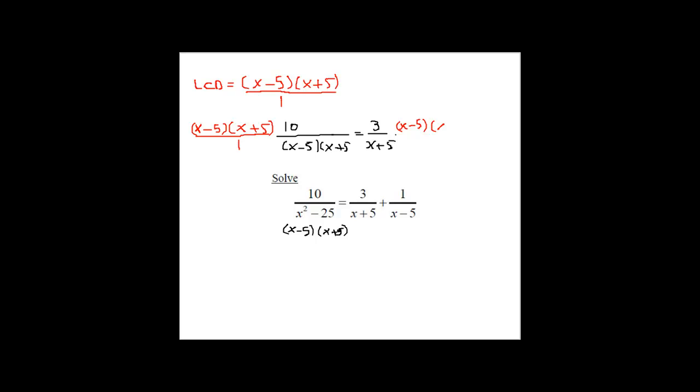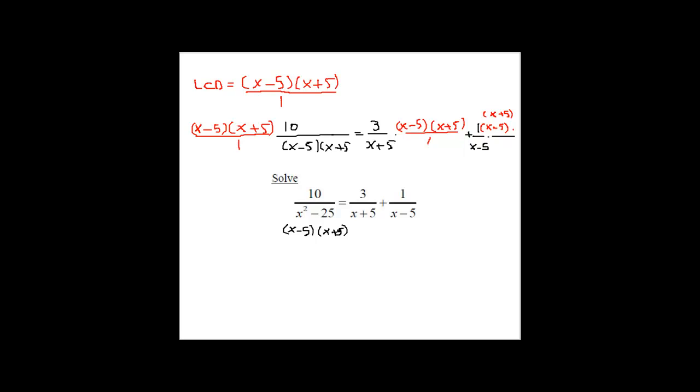We're doing this to eliminate all the fractions here. And then here we have plus 1 over x minus 5. So I'm going to multiply this also by the LCD here, which would be again x minus 5 times x plus 5.